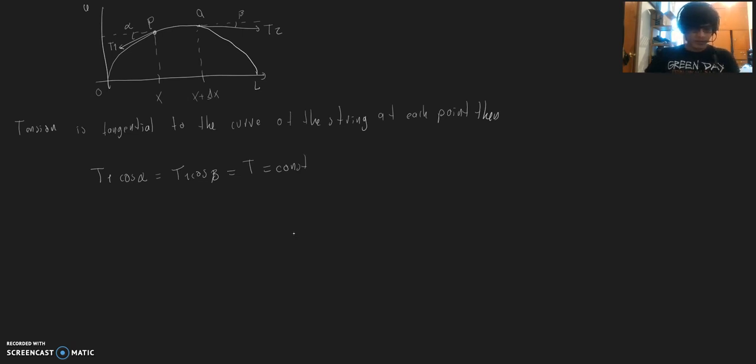So the component of this tension in the vertical direction of the vibration of the string can be defined as follows: minus T1 sine of alpha plus T2 sine of beta is equal to rho delta x d squared u over dt squared.